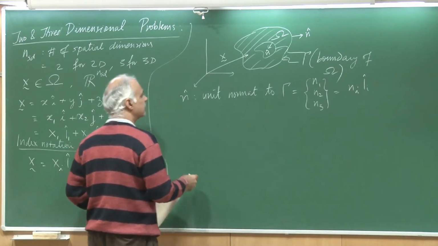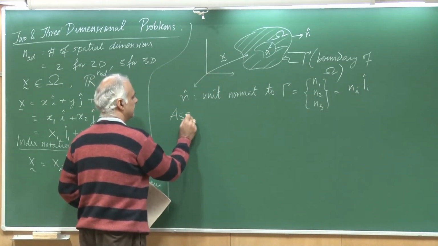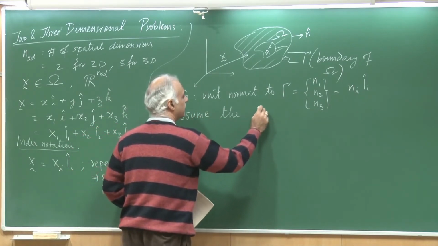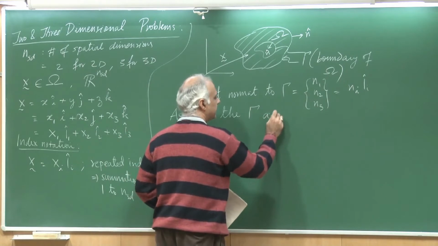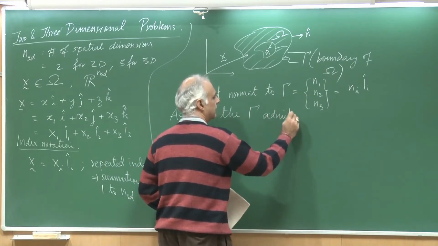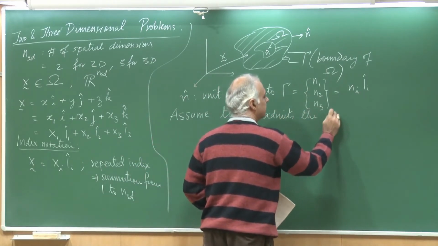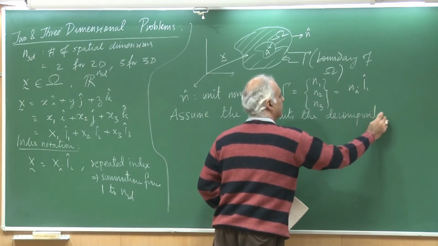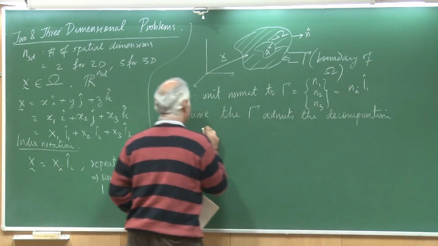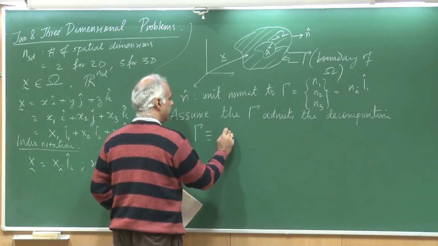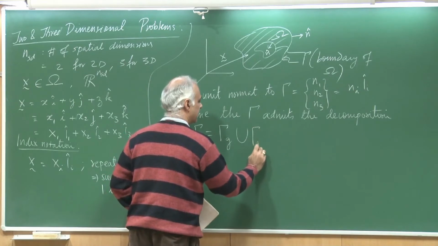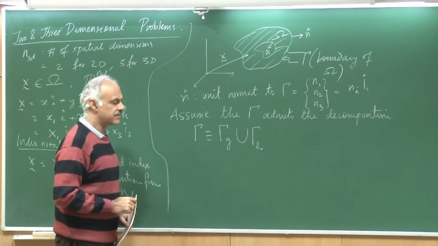We will further assume that the boundary gamma admits the decomposition that gamma is a union of these 2 components, gamma g and gamma h. Okay.